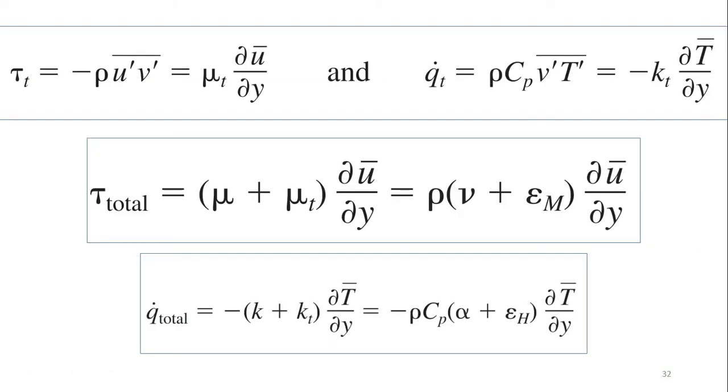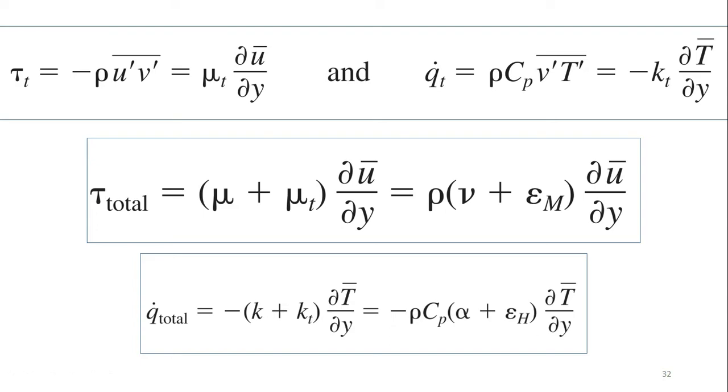So the molecular diffusivities, such as the kinematic viscosity and the molecular diffusivity of heat, as well as the viscosity and the thermal conductivity, are fluid properties. So these properties can be found from the literature or from any handbook, whereas the eddy diffusivity of momentum and the eddy diffusivity of heat are not fluid properties.